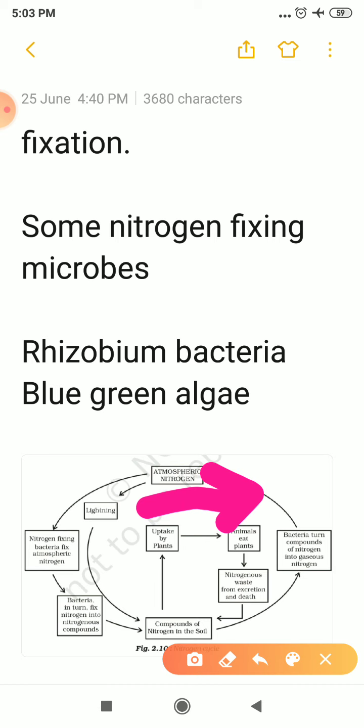This nitrogen is then transferred into human beings and animals, and when these animals or plants die, again the nitrogen present in protein, and in vitamins, in human beings and animals, is converted into nitrogenous compounds by some microorganisms. In this way, this nitrogen cycle works.